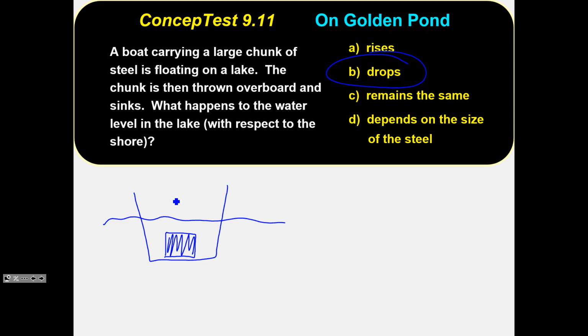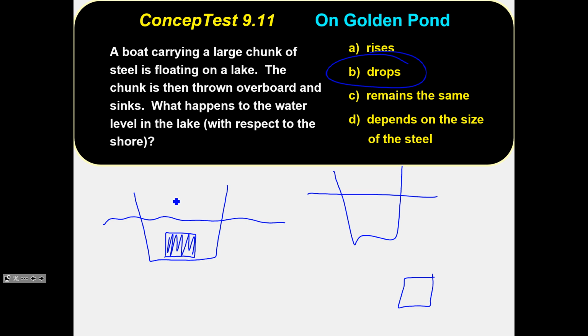Then if you take this out, now the steel sits on the bottom of the lake. Now the only amount of water that it's displacing is equal to the volume of the steel block. No longer does it have enough buoyant force to hold it up, because it's not displacing enough water to buoy it up to the top.